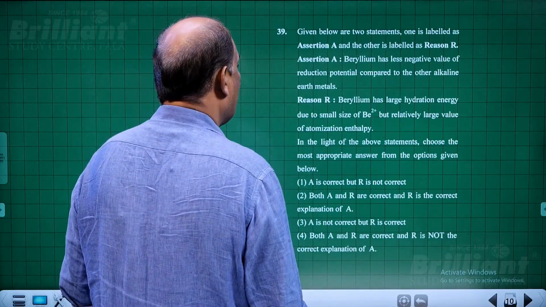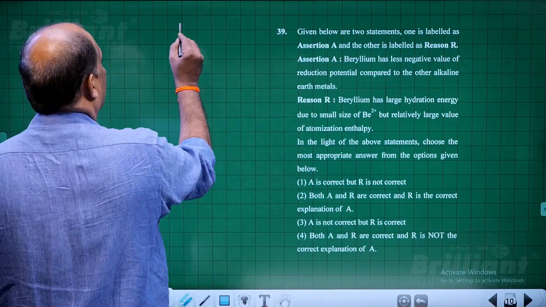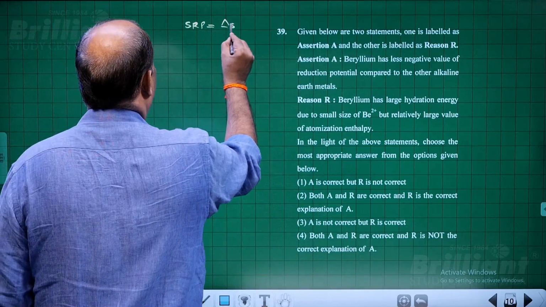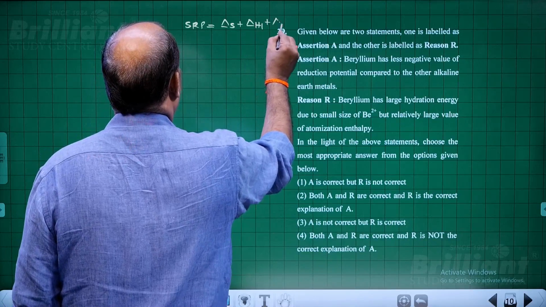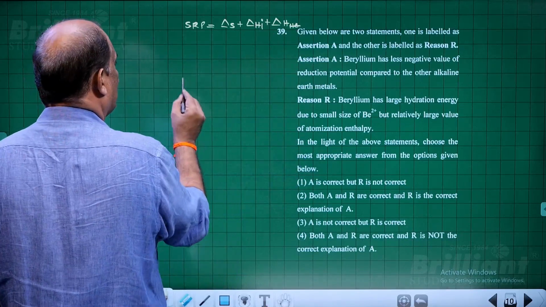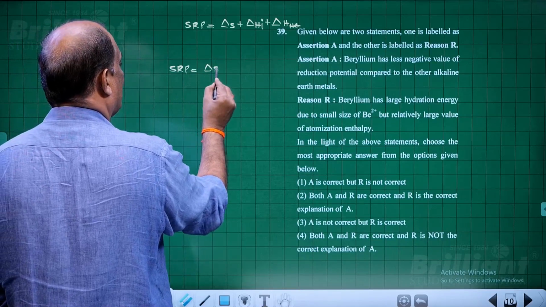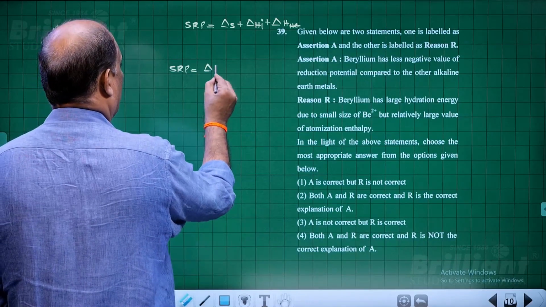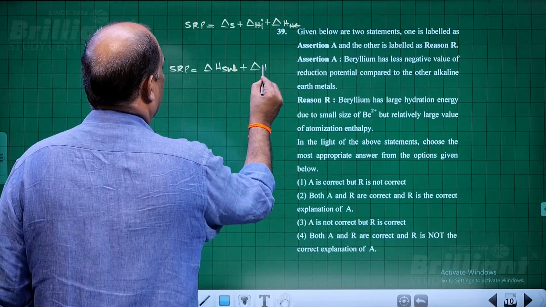Assertion: beryllium has less negative value of reduction potential compared to the others. Here try to understand: SRP value is equal to enthalpy of sublimation plus enthalpy of ionization plus hydration energy. Whenever you are taking this SRP, this is the heat of sublimation, this is the enthalpy of ionization.